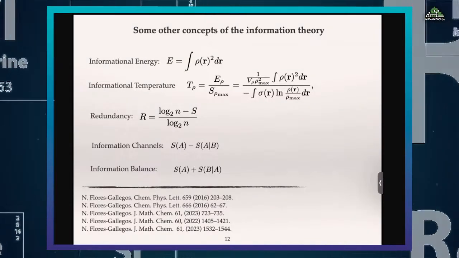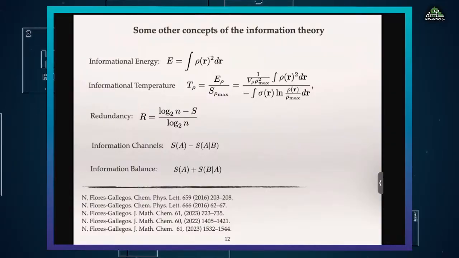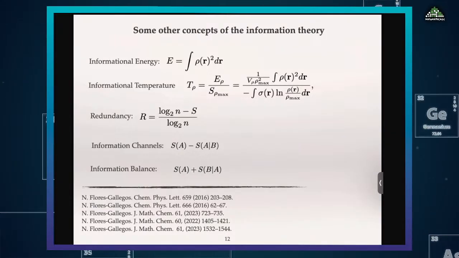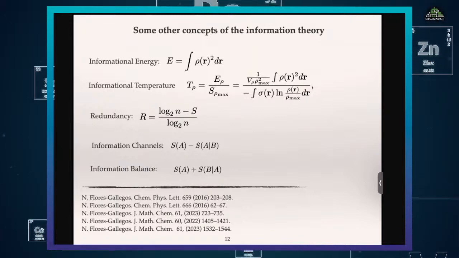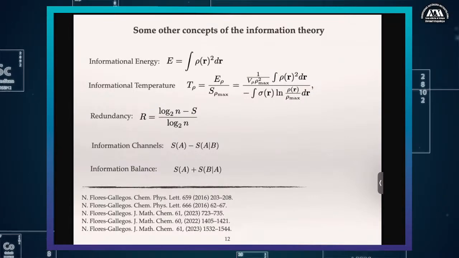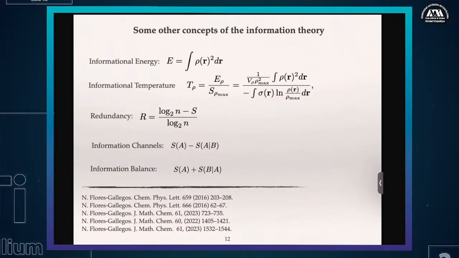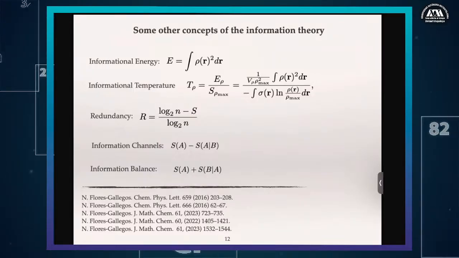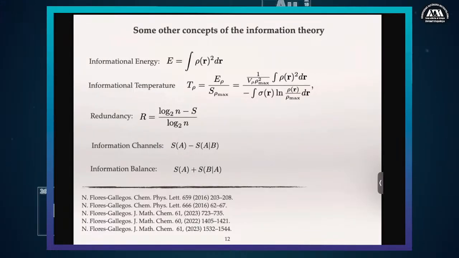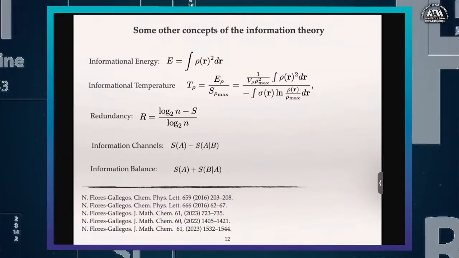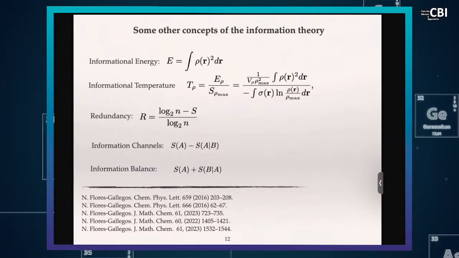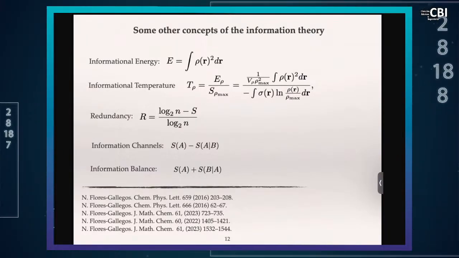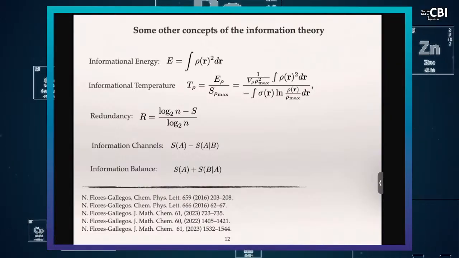For example, we have the information energy, which is defined in this way. If we have the informational energy and the information entropy, of course we can define the information temperature. There is another very interesting concept, which is the redundance.